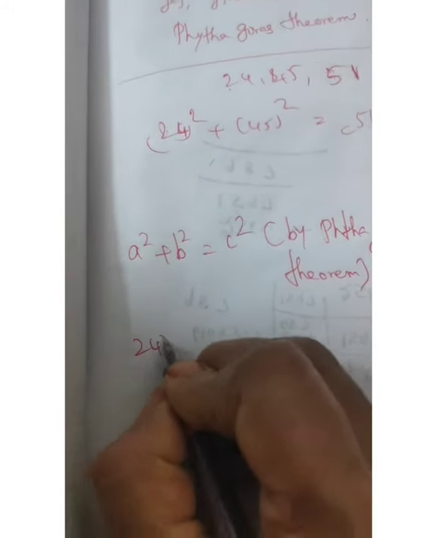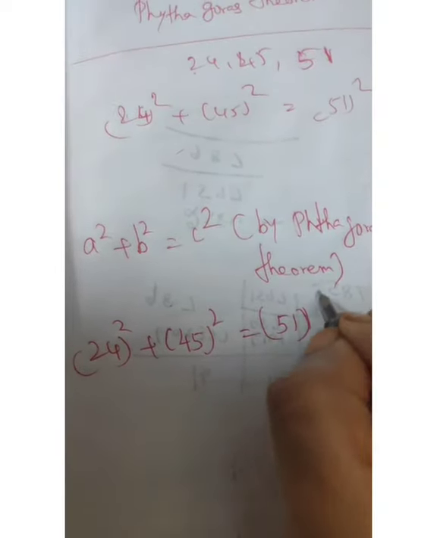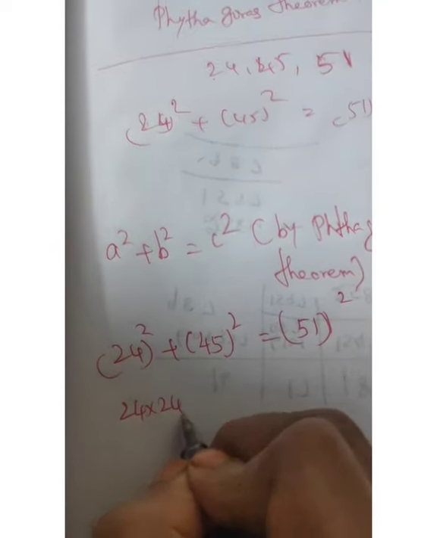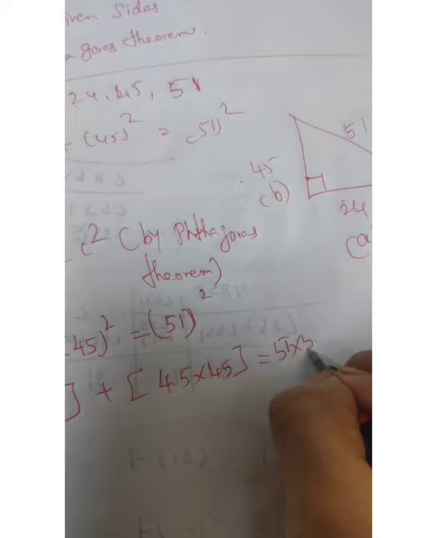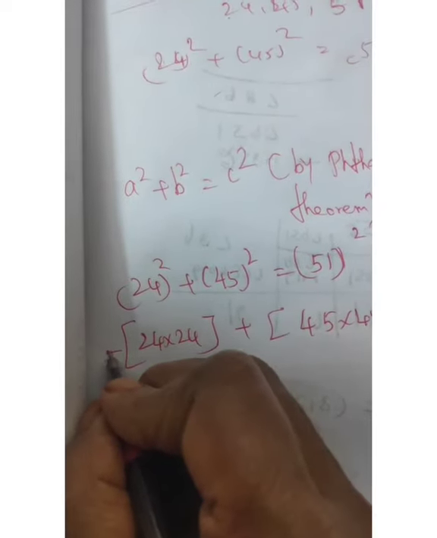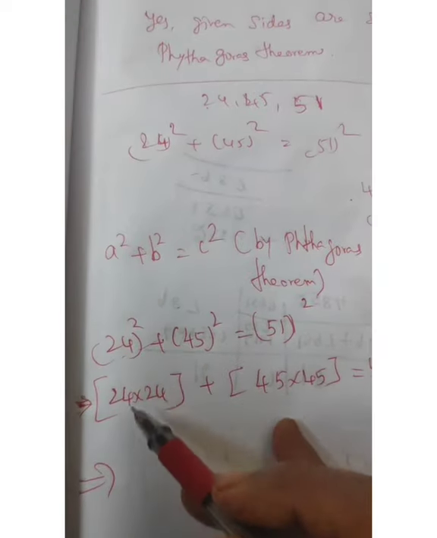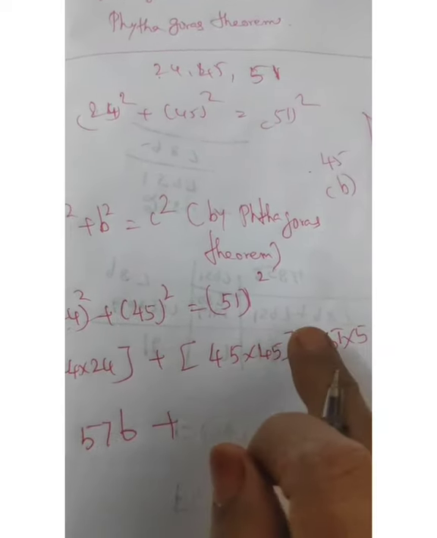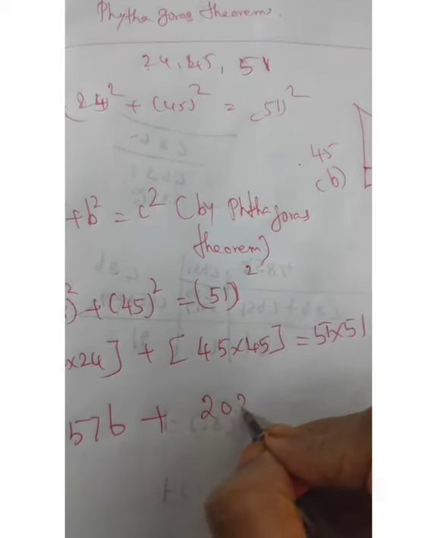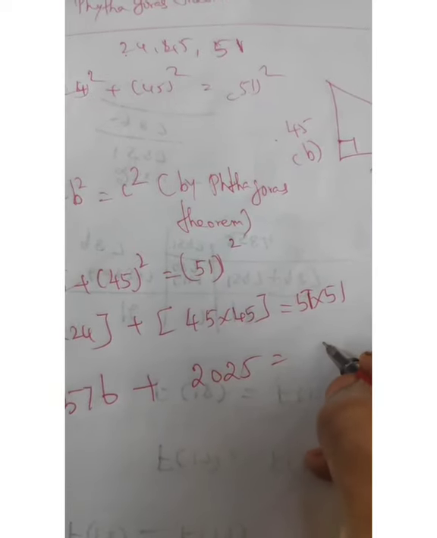So 24 squared plus 45 squared equal to 51 squared. 24 into 24, close the bracket, plus 45 into 45 equal to 51 into 51. 24 into 24 equal to 576. 45 into 45 equal to 2025. 51 into 51 equal to 2601.